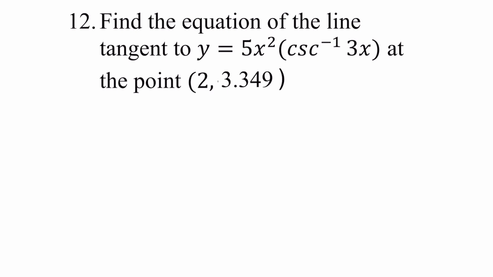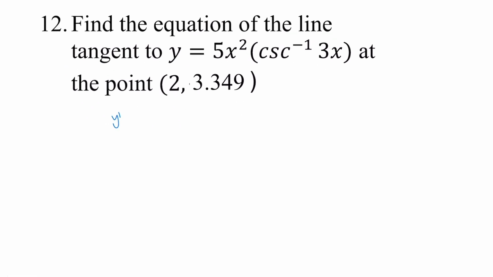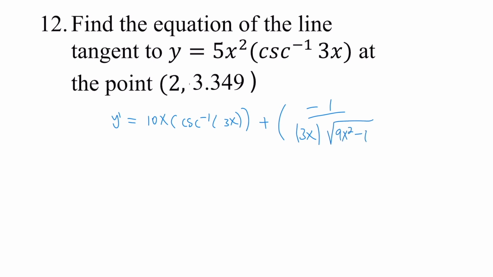So for this problem, we have to take the derivative of y first. So y prime is going to be 10x times cosecant inverse 3x, and then plus negative 1 over absolute value of 3x, square root of 9x squared minus 1, and then times 5x to the second power, and also times 3, right, for chain rule.